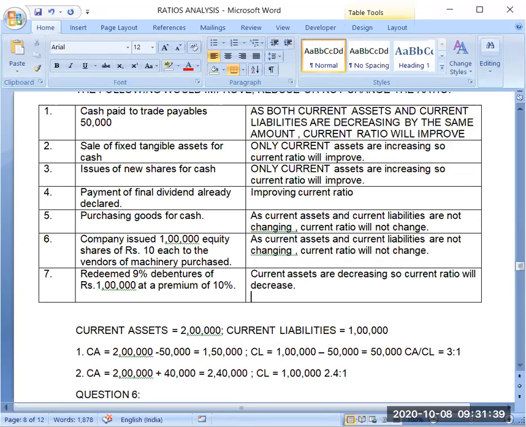So if you have treated that debenture in the last balance sheet as current liability, then your current liabilities will also be decreasing simultaneously, and your current assets are also reducing by the same amount.